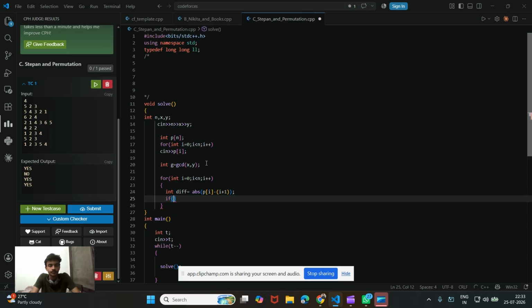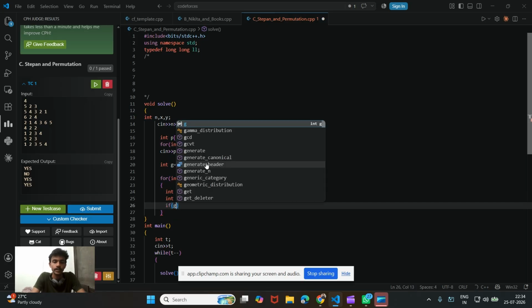Then int beta, b stands for beta, is diff divided by g.